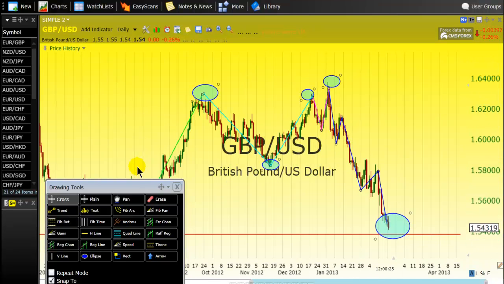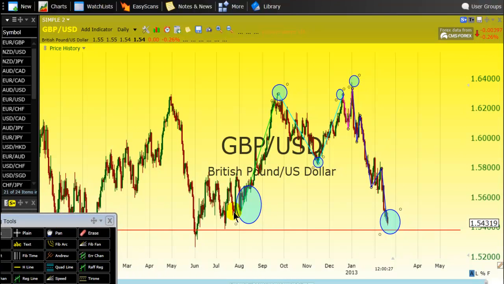But if we look at the bigger picture, we can say that the price went up from here to here, followed by a corrective move up to this level here, before coming down 1, 2, 3, 4, 5. This is an expanded flat correction.